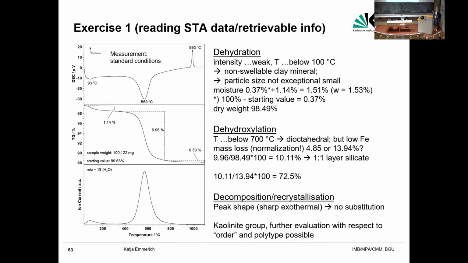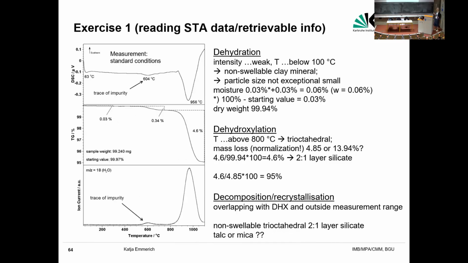And then we have about 27% of another mineral that shows no thermal reactions, or at least no decomposition reaction. So we can have a rough estimation of the purity if we want to separate clay minerals from a bulk clay.